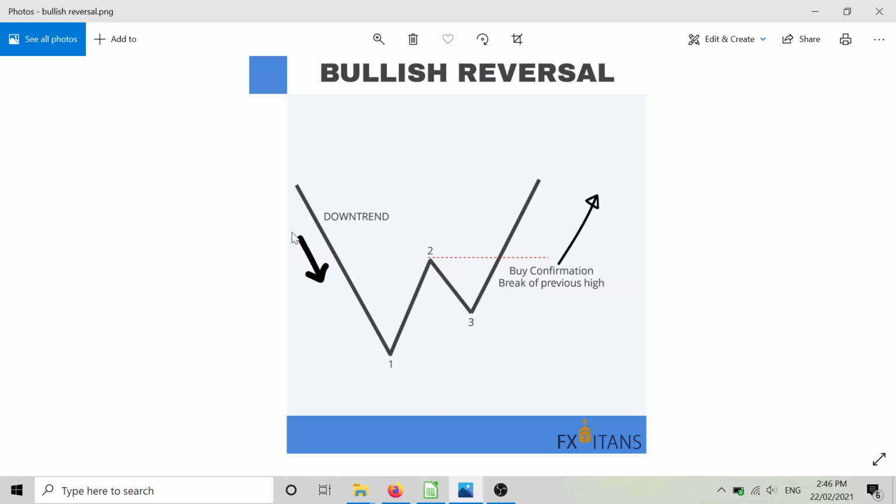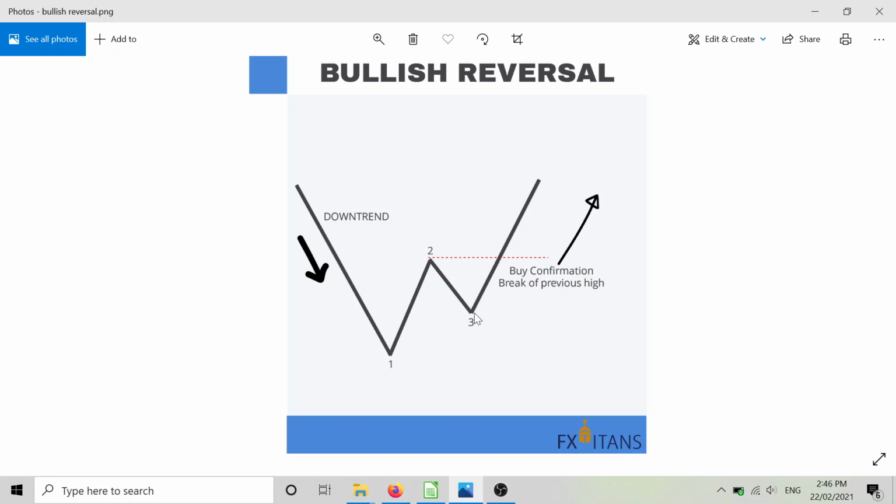And the second rule is that it must first be preceded by a downtrend, and then create the lowest point. So point 1 must be the lowest point of the downtrend, and then it goes higher and creates this swing high, or point number 2, and goes lower a little bit, and remember it cannot be lower than point number 1.